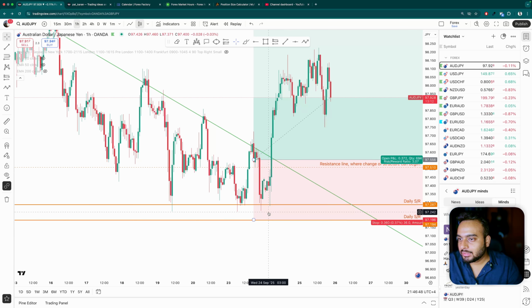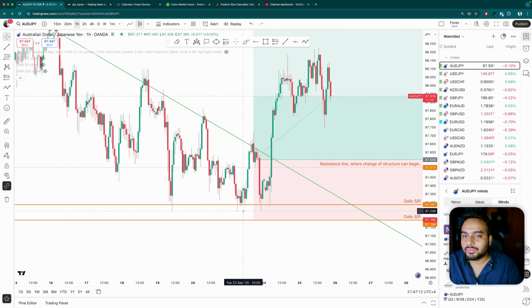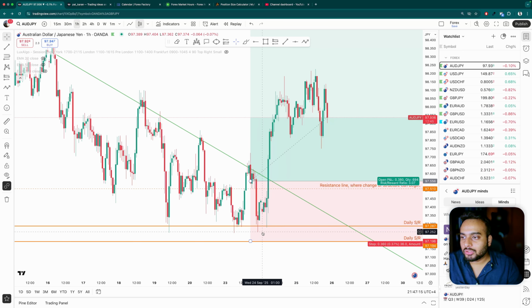Imagine, so this is 24 and this is 196. So I have around 25 pips of distance from the lowest point. This was the lowest point, and I have around 25-30 pips of distance. That's why my stop loss didn't get hit, and the market eventually moved up, and now it's ranging around this area.